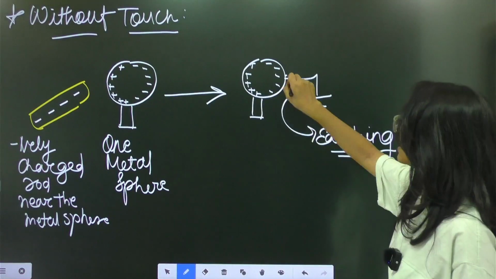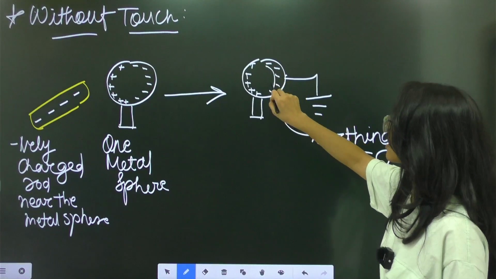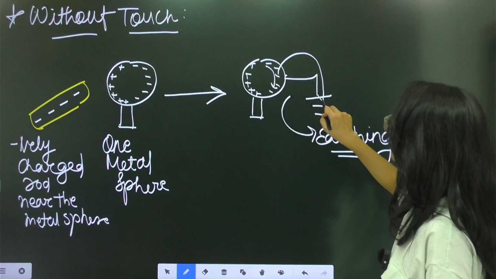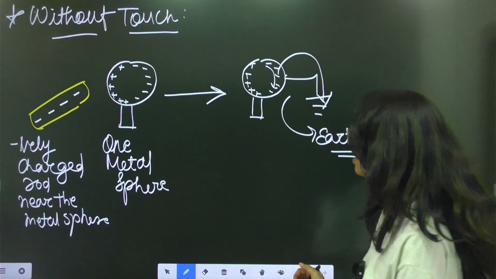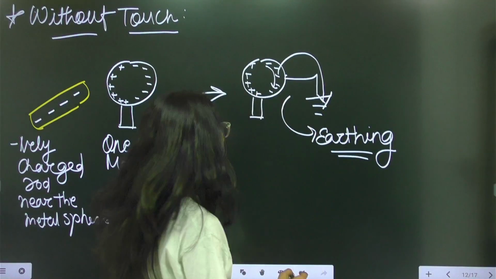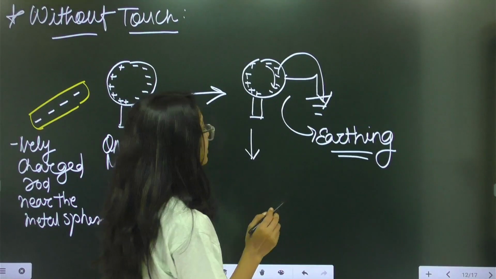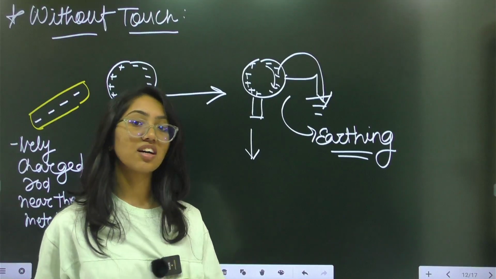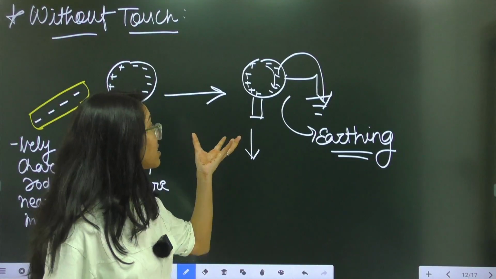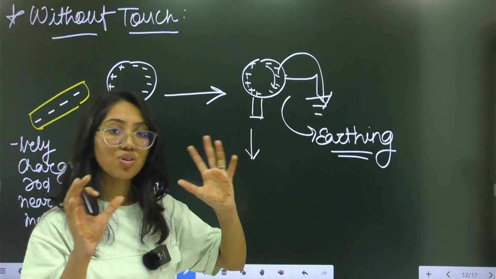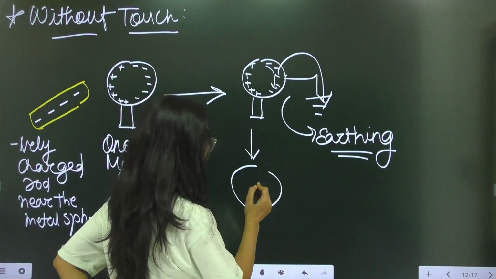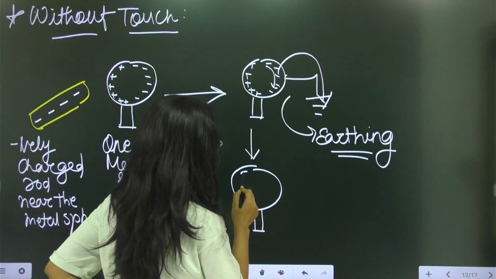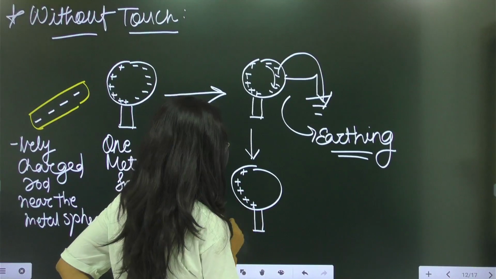That means the negative charges that are residing here will all be earthed, means they will all disappear, okay, or they will be neutralized by earth. So the last position, the last structure or composition this metal sphere will have is this: positive charges, positive charges, positive charges.